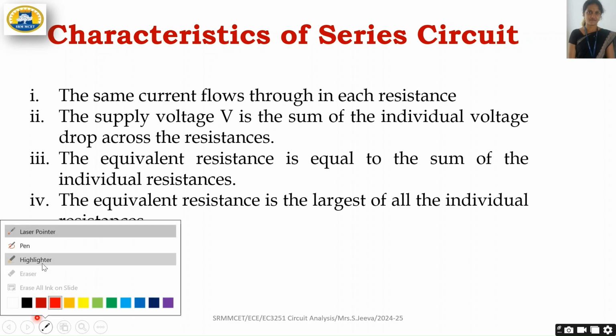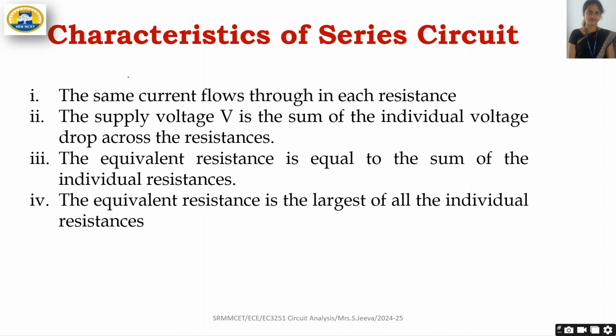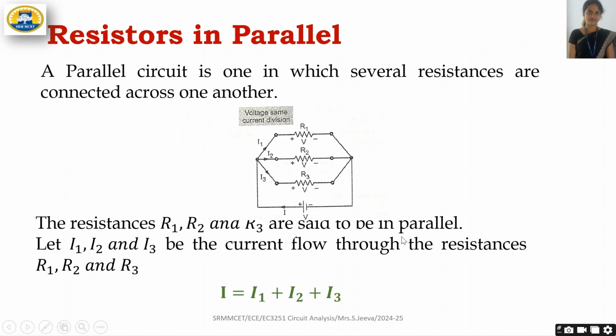The same current flows through each resistance. The supply voltage V is the sum of the individual voltages, V is equal to V1 plus V2 plus V3. The equivalent resistance is equal to the sum of the individual resistances, and it is the largest of all the individual resistances. For example, R equivalent is greater than R1, R2 and R3.